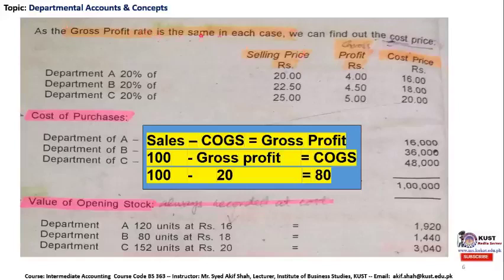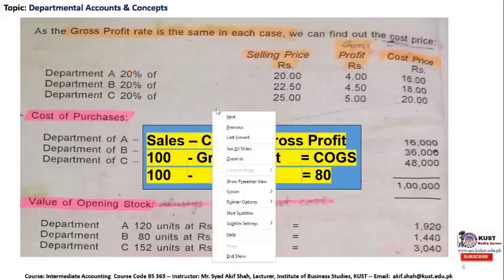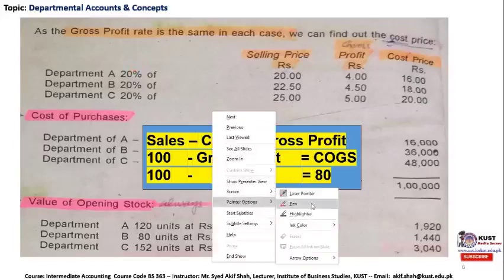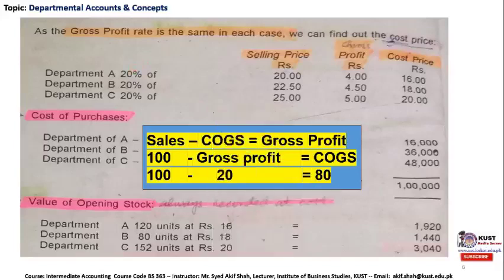As the gross profit rate is the same in each case, we can find out the cost price. So for department A, there is 20% of gross profit. So the 20% needs to be applied on the sale price of department A, which is 20.